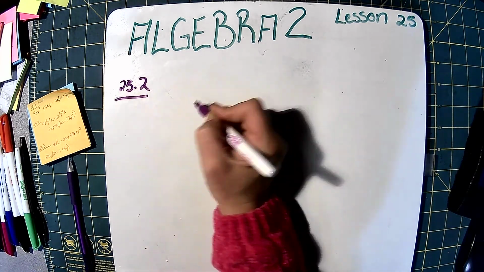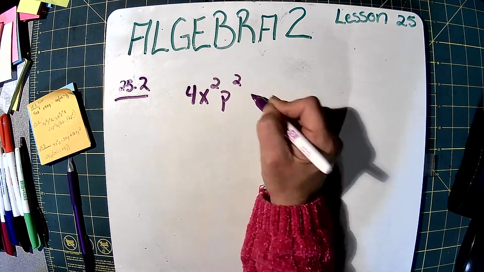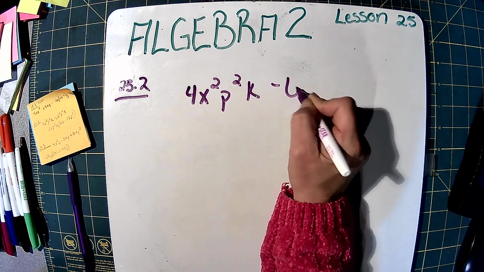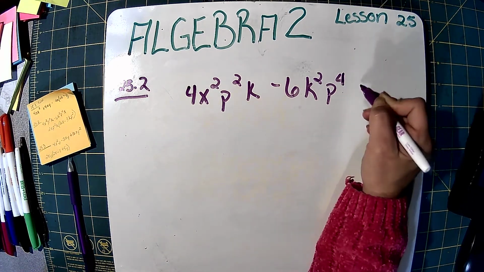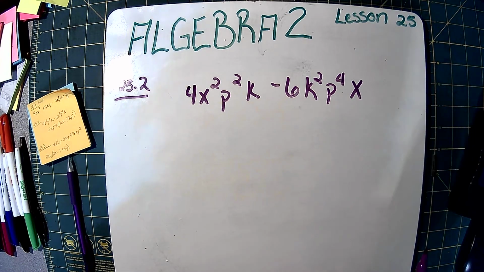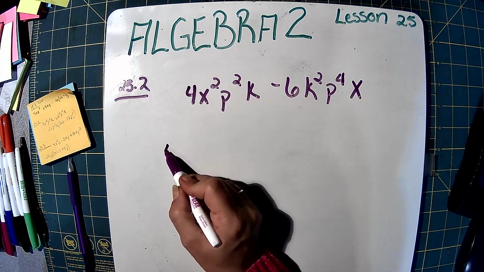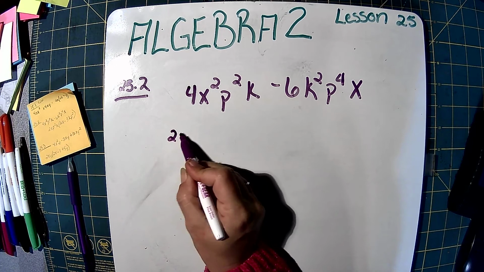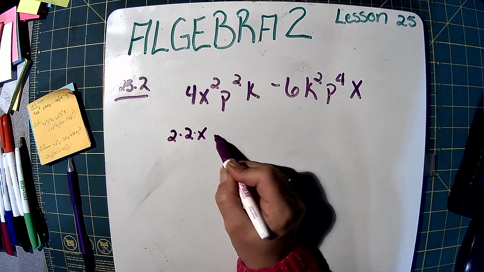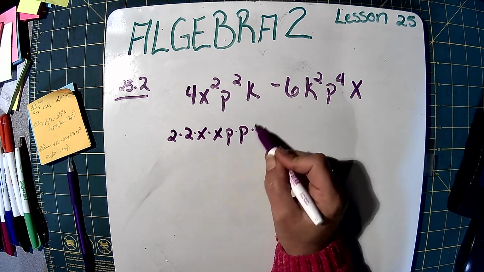25.2 is 4x squared p squared k minus 6k squared p to the 4th x. Okay, so on this one, if we picked out the factors of 4, that would be 2 times 2, and we've got 2 x's, 2 p's, and 1 k.